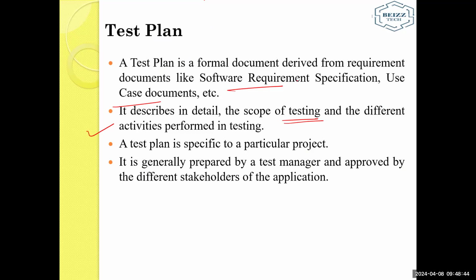Yes, sure, Pawan. Even a test plan is specific to a particular project also. As per real work, a test plan is related to particular scenarios also. Correct? And then it is generally prepared by whom? Definitely the test manager, and approved by the different stakeholders of the application.